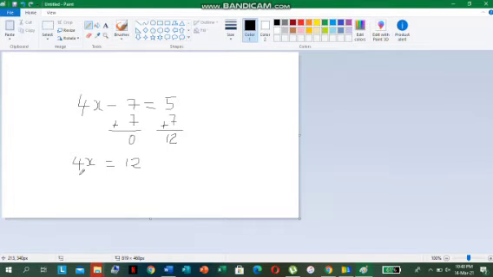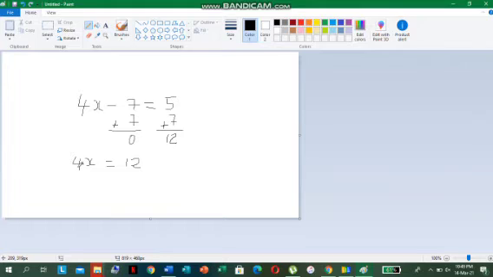Now, remember we say that when we have a coefficient and a variable, it means 4 times x. All right. So this means 4 times x. So we want to do the opposite of multiplication, which is what?